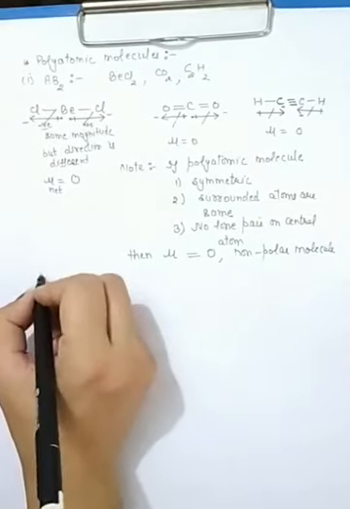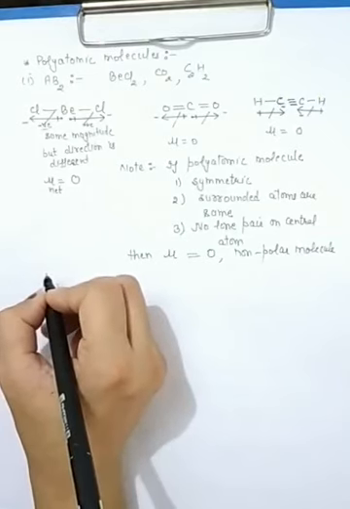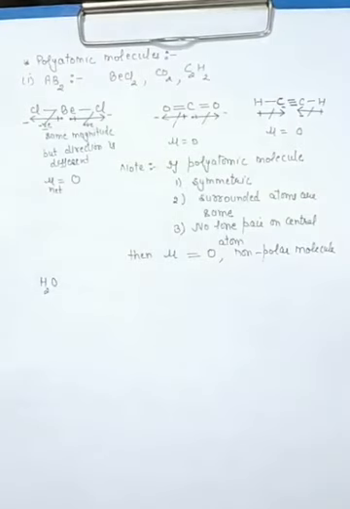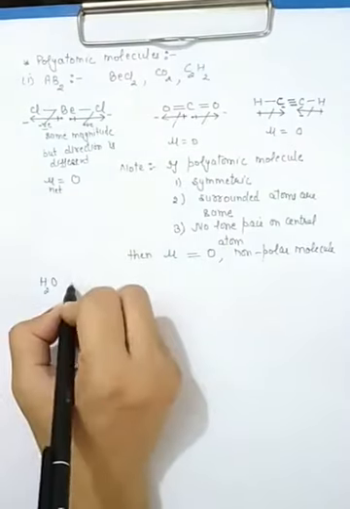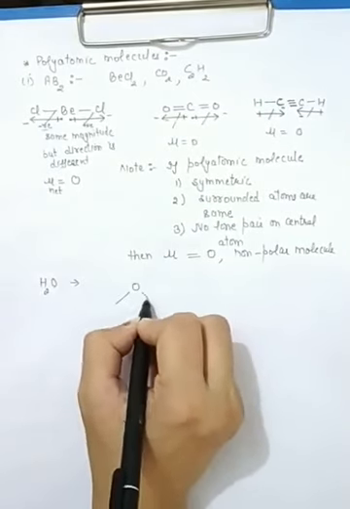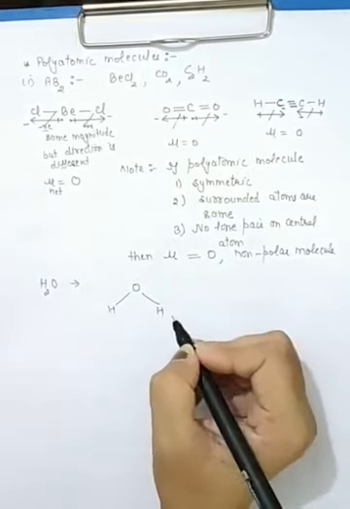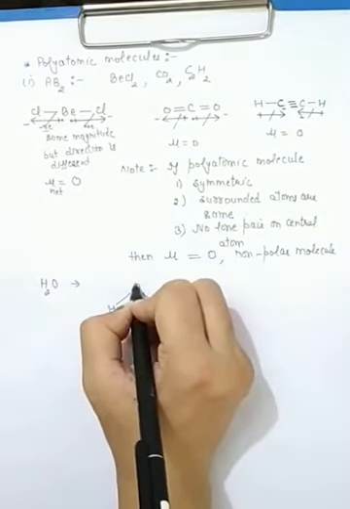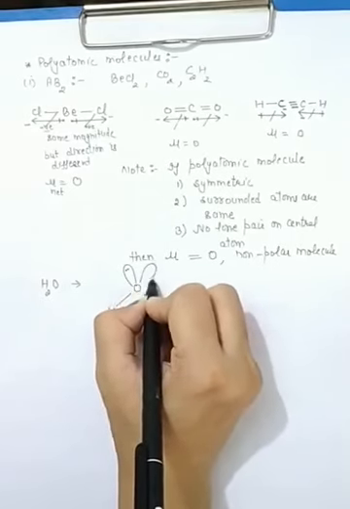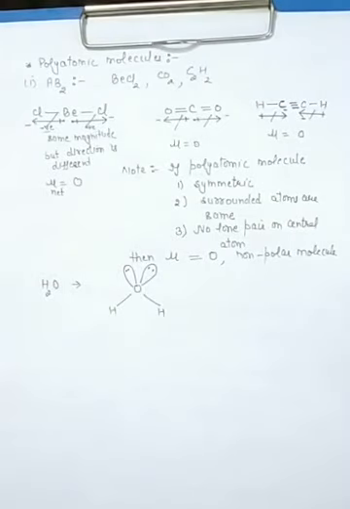For example, if we have H2O, then first of all draw its structure. Oxygen is bonded with hydrogen, and oxygen is surrounded by two lone pairs.